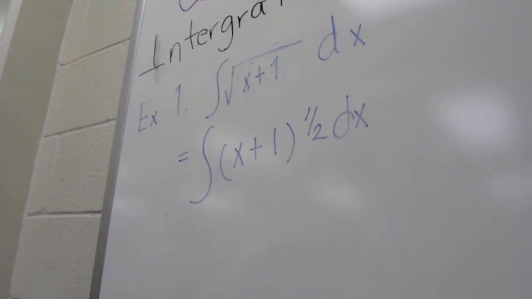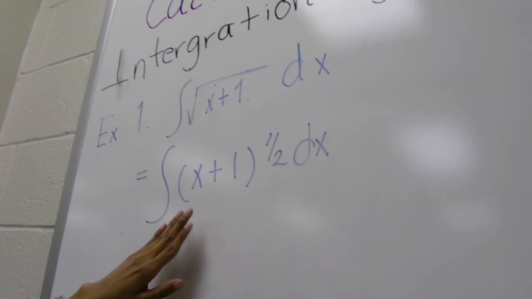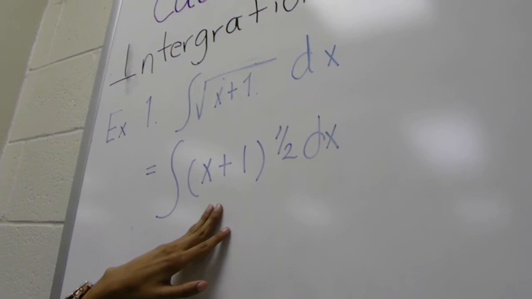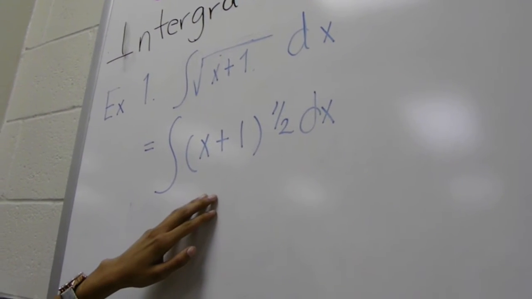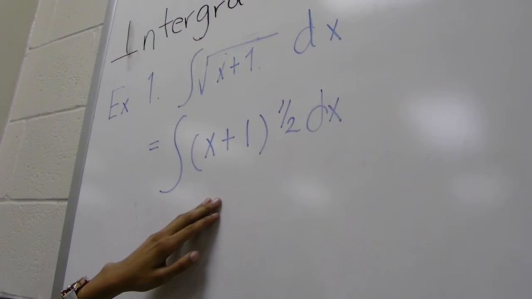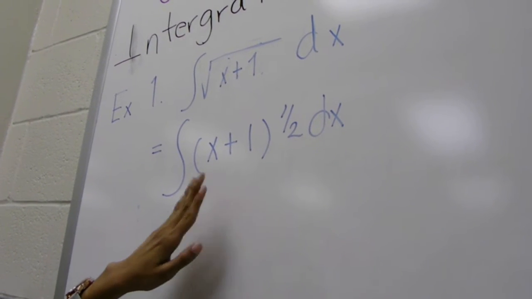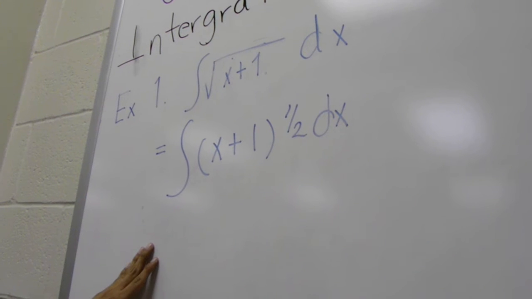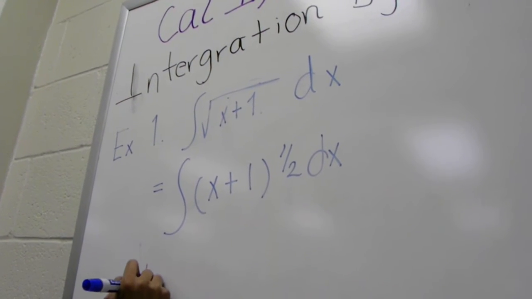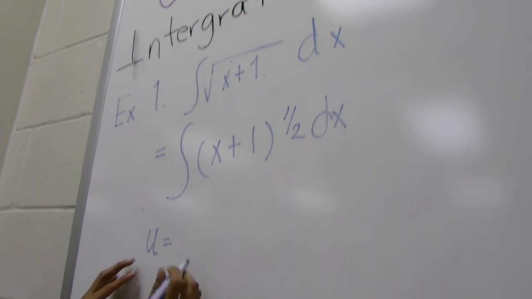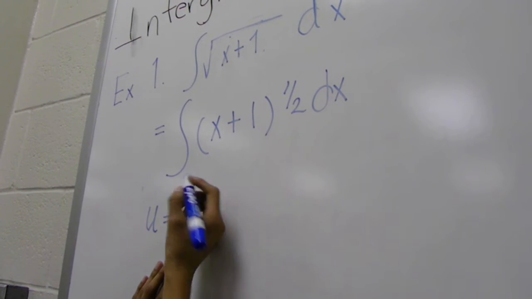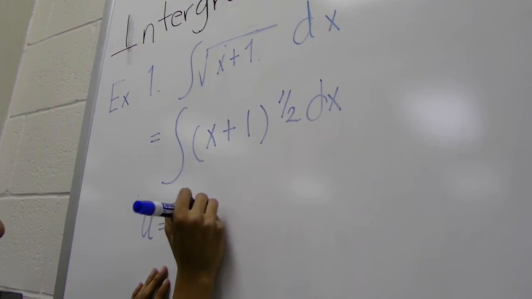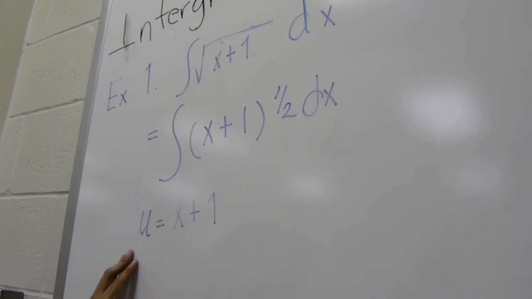So now that we have this, we see a simple integration, and we already know it's going to be u substitution. So we can say that our u is going to be x plus 1.